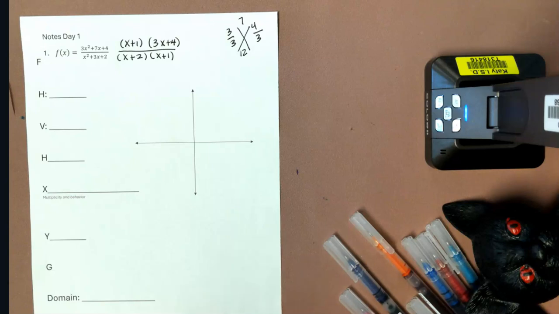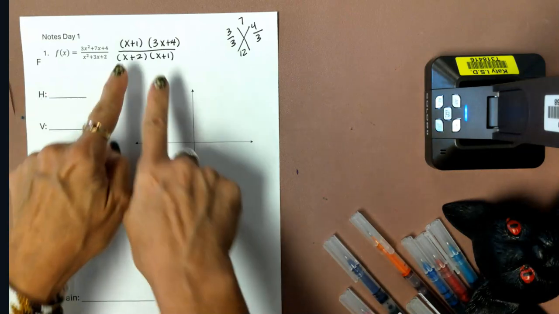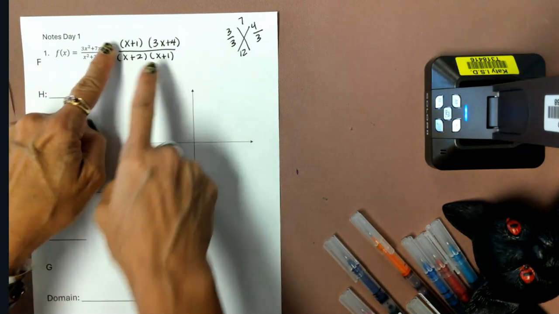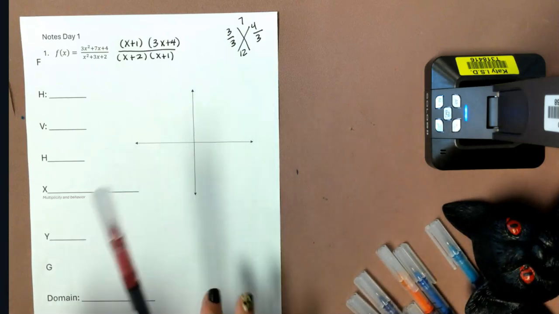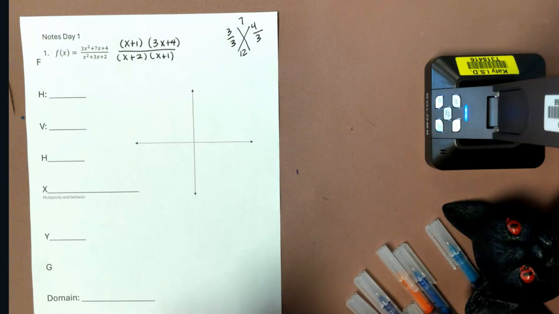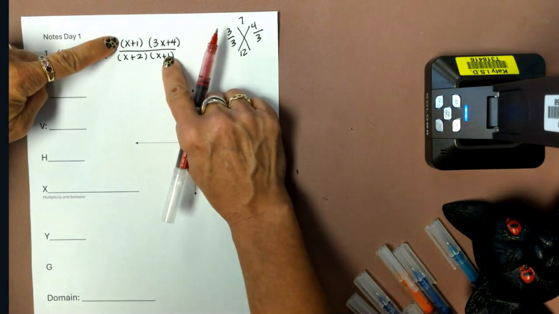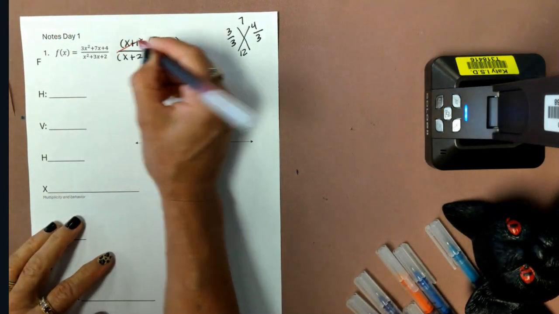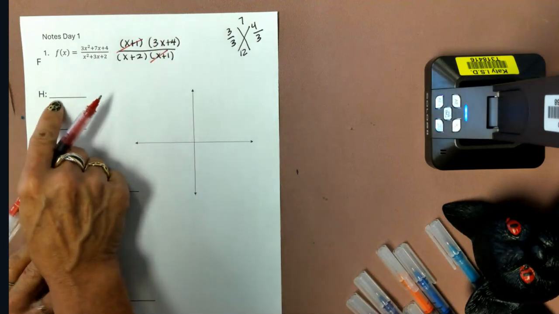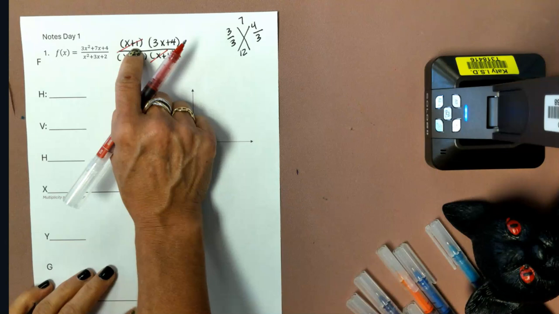Now what we're going to do is find a hole. And we absolutely have a hole because I have factors here that cancel. When we are working through this, I am still going to use a red pen for any discontinuities. So with my red pen, I cancel these out, and then I immediately go to the blank for my hole, and I write the opposite value in here.